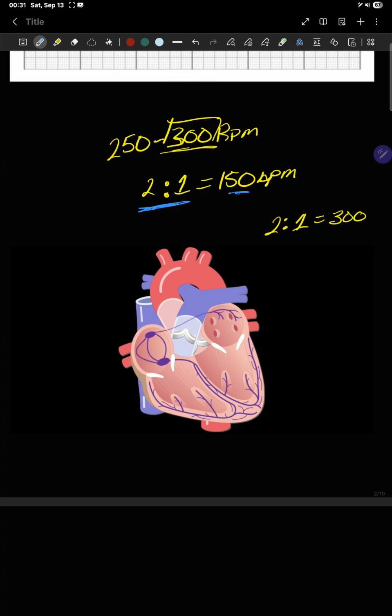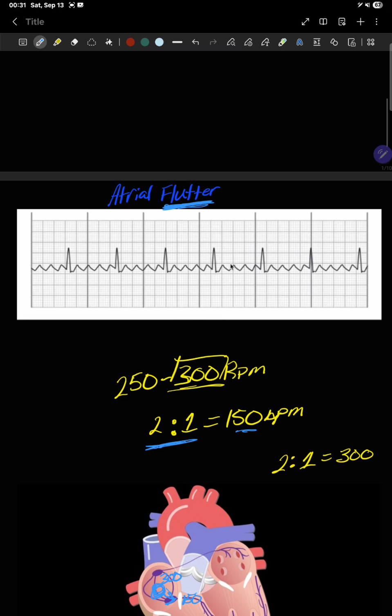I'm getting 150 beats. So you're still sending me 300, but I'm only taking 150 out of here. Now, to look at that at the 6 lead, we would cross these out, and you would have a QRS right here.